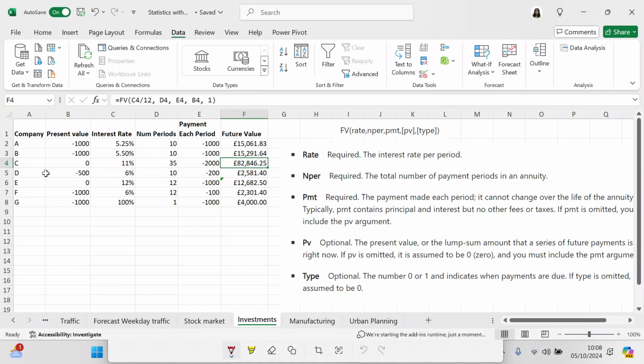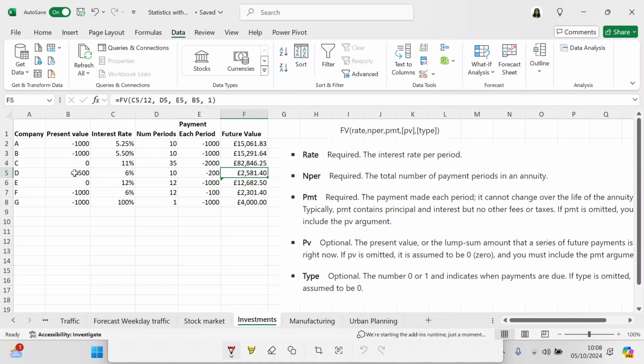The next one is going to be company D. It starts out with £500, 6% interest, 10 number of periods, £200 each period, and at the end of the payment period, it's going to be $2,581.40. But the interest rate is going to be 6 divided by 12.